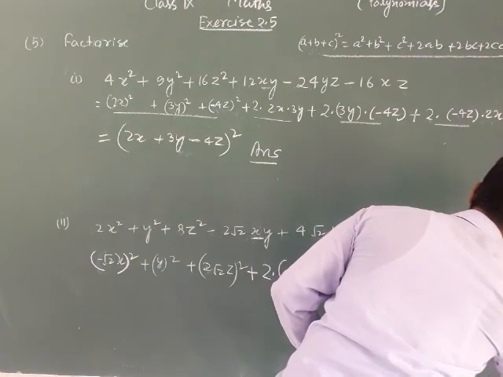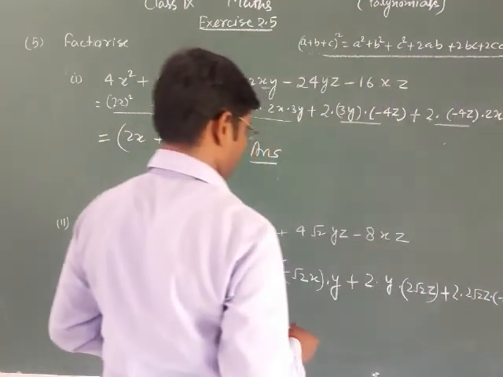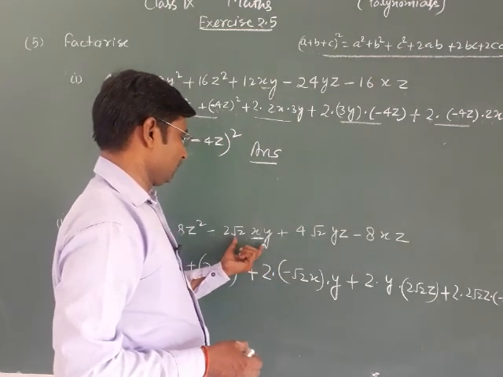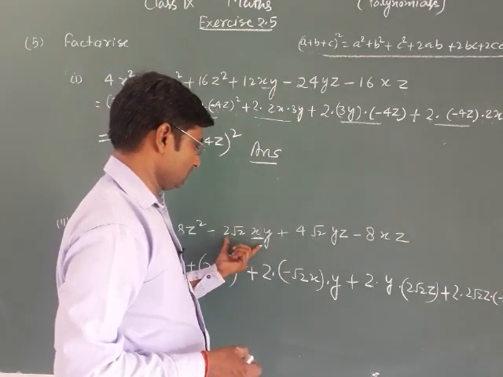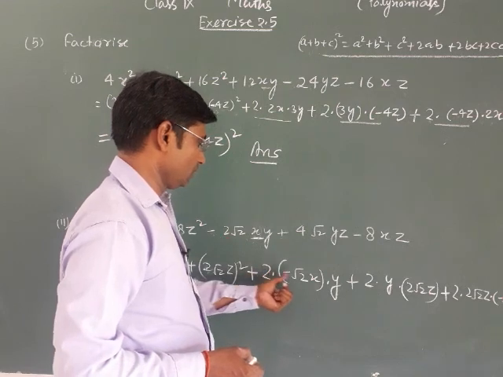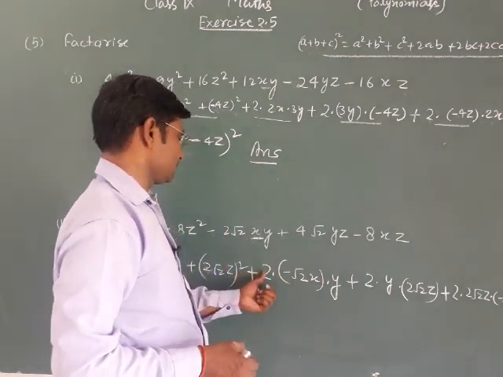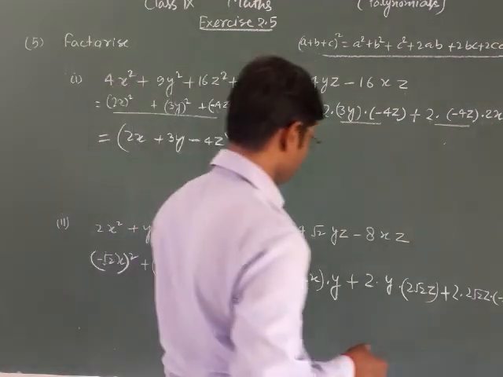Minus root 2 x. Now check the values: we get 2 root 2 xy, plus minus so this is completed.